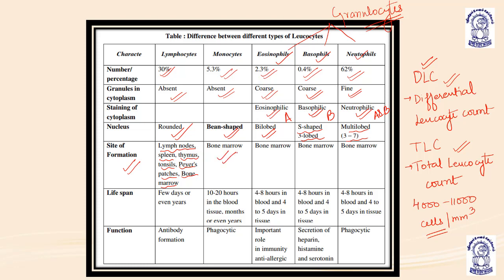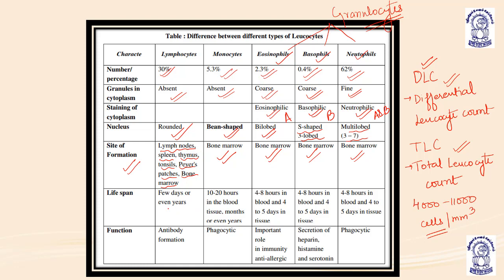Eosinophils, bone marrow. Basophils, bone marrow. Neutrophils, bone marrow. So all the other leukocytes, their site of formation is bone marrow. Lymphocytes form in the lymph nodes, spleen, thymus, Peyer's patches, and bone marrow.